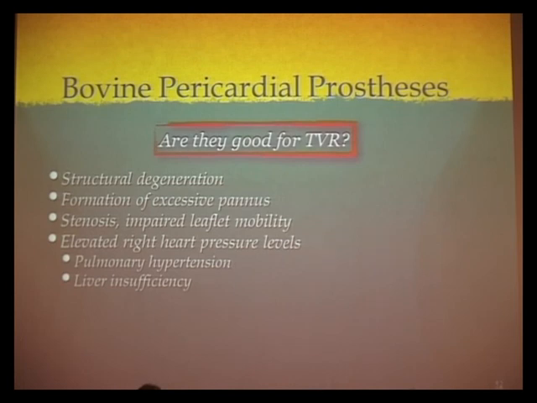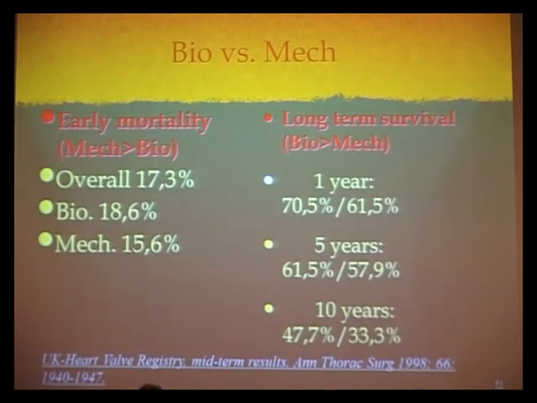When we check the literature, we realized that there are a lot of reports about bovine pericardial prosthesis in tricuspid position. So even for bioprosthesis, there are not very selective, better results, and you can see the biological and mechanical valve differences in the other series, the United Kingdom series here.